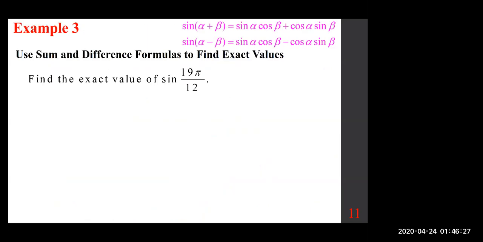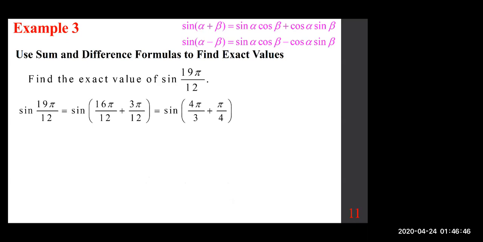we want to find the exact value of sine 19 pi over 12. And again, it's not a common arc, but it's a sum of common arcs. Again, if I don't know what it is, I can always change it to degrees, because sometimes it's easier to deal with degrees. This is your choice. However, I'm showing you that 19 pi is the sum of 16 pi and 3 pi, both of them divided by 12.